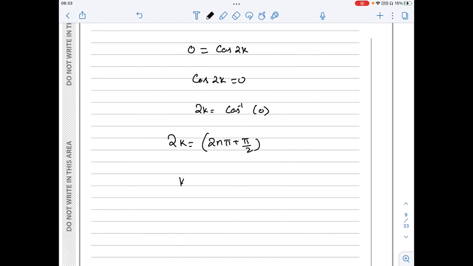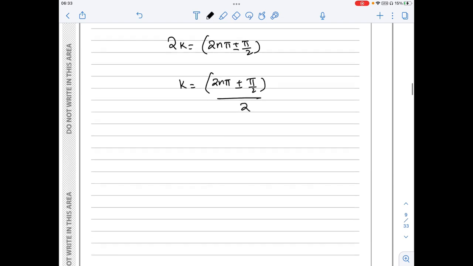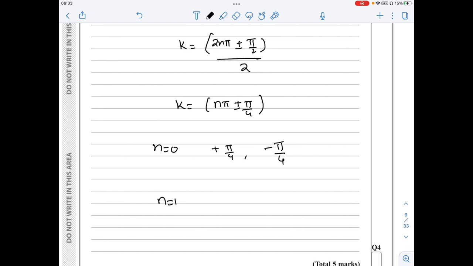So it becomes k equals nπ plus or minus π upon 4. Now plug in n equals 0: it becomes plus π upon 4 and minus π upon 4, and n equals 1: 180 plus 45 is 225, 180 minus 45 is 135.